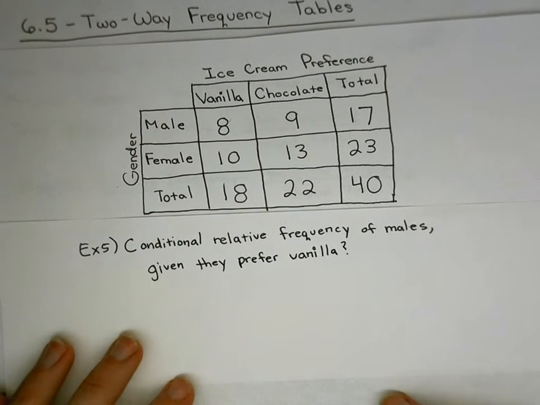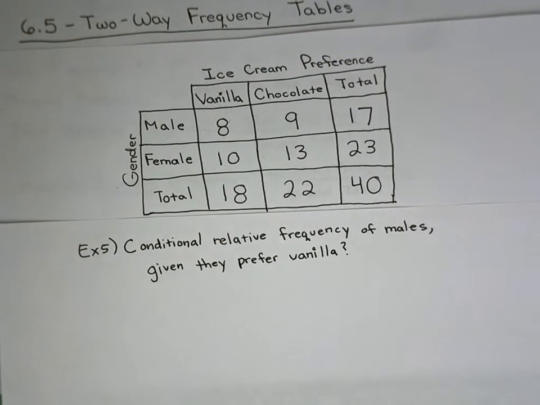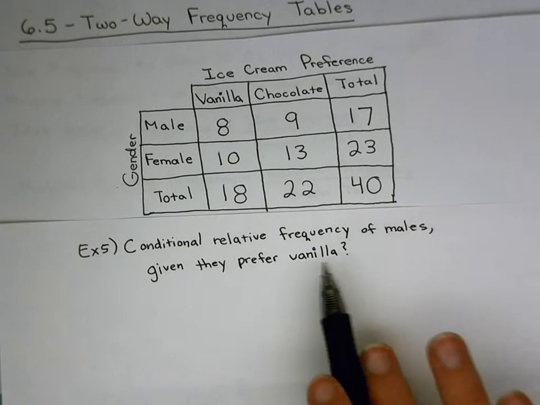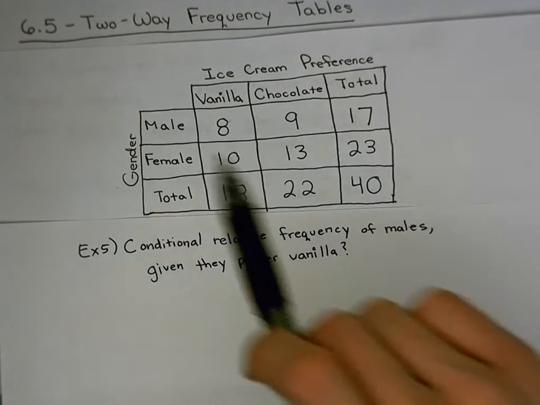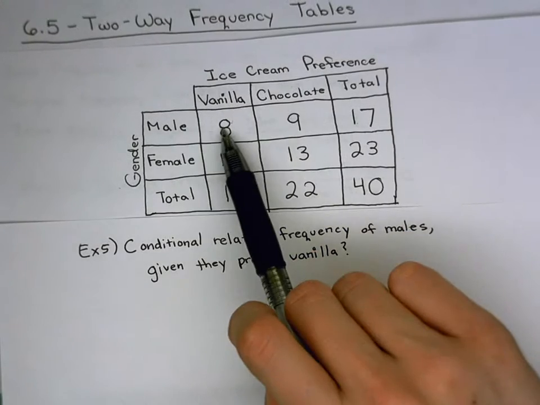Okay, so conditional, we're still going to find their joint. We have males and we have vanilla. We're still going to find their joint. That hasn't changed. Here's male, here's vanilla. Their joint is at 8.